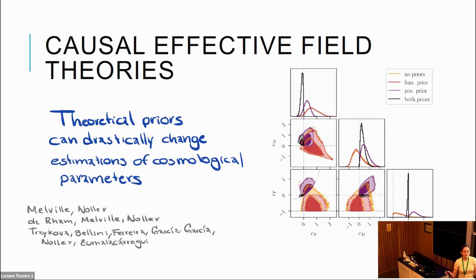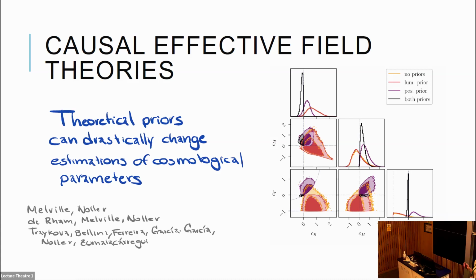So if you want to bound theories beyond GR, for example, this is an example of a plot here. Don't worry too much about what each axis is. But the idea is that if you put no priors at all, you will get the orange bounds. If you ask for just subluminality, you will get the red bounds. If you put positivity bounds, which I'll explain in a second, this actually shifts drastically and you get now bounds on this side.